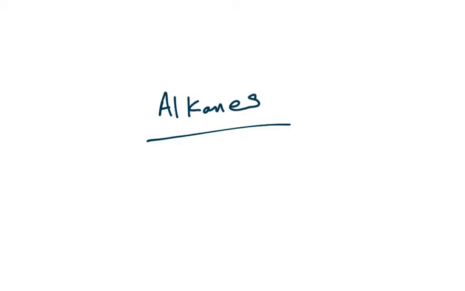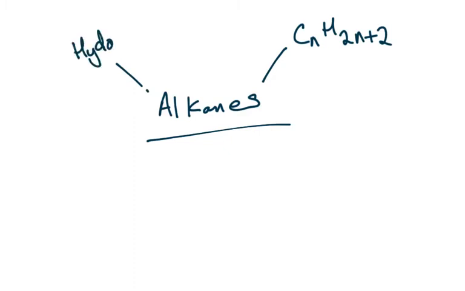So in summary, our alkanes, they have a general formula of CnH2n+2. They are hydrocarbon molecules.